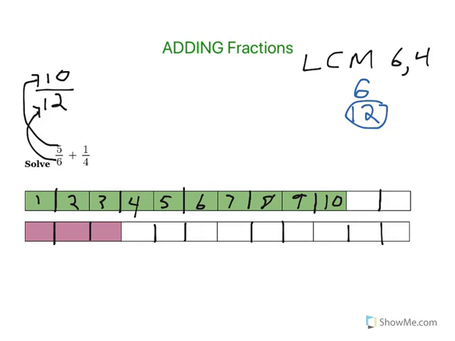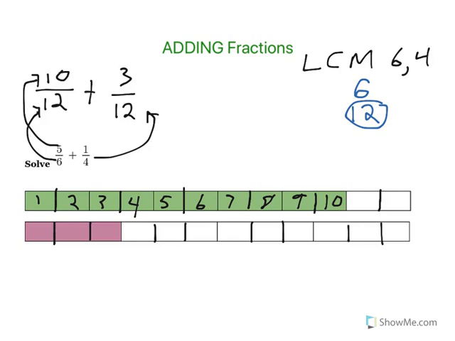And now notice that both of my wholes are separated into 12 equal parts. So when I count my shaded areas, for my fourth, there's 3 twelfths. So the 1/4 has turned into 3 twelfths. You could also just multiply 4 times 3 to equal 12, 1 times 3 to equal 3.